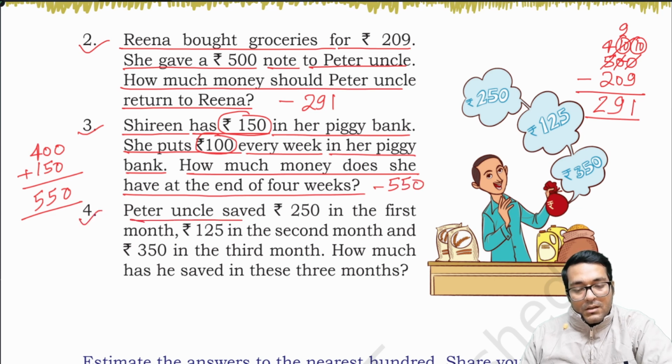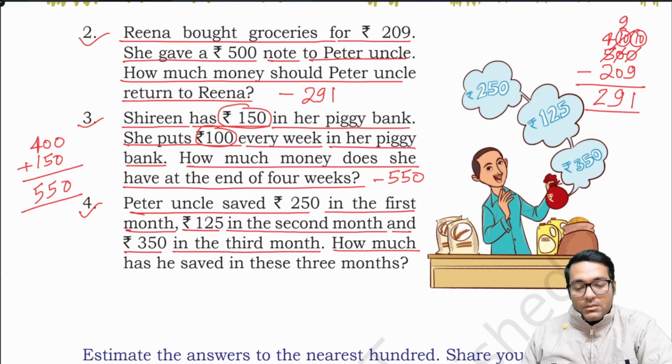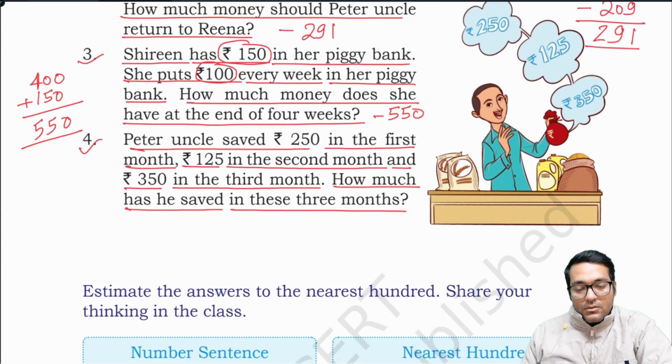4. Peter uncle saved rupees 250 in the first month, rupees 125 in the second month and rupees 350 in the third month. How much has he saved in these 3 months? You have to add them all. That is 250 plus 125 plus 350.